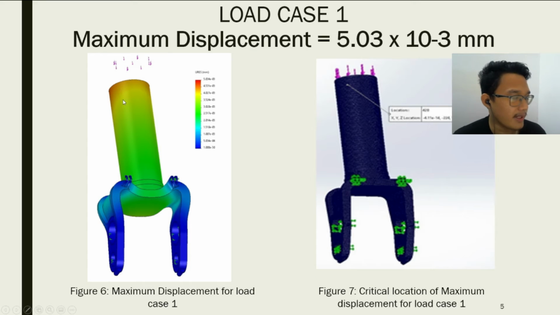The maximum displacement is at the top, which is 5.03 times 10 to the negative 3 millimeter. This is likely because when the force is exerted at the top, the force is distributed to the bottom, so the top has the maximum displacement while the bottom has lower displacement than the top.